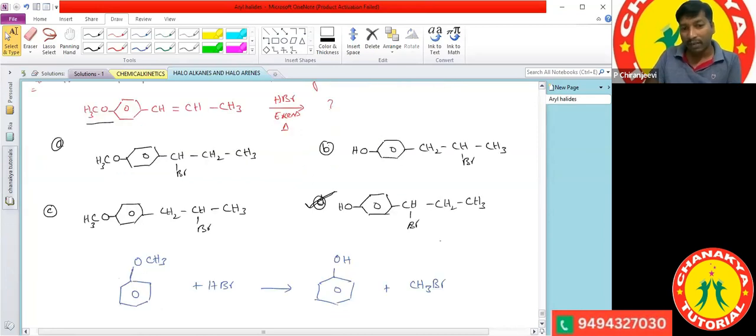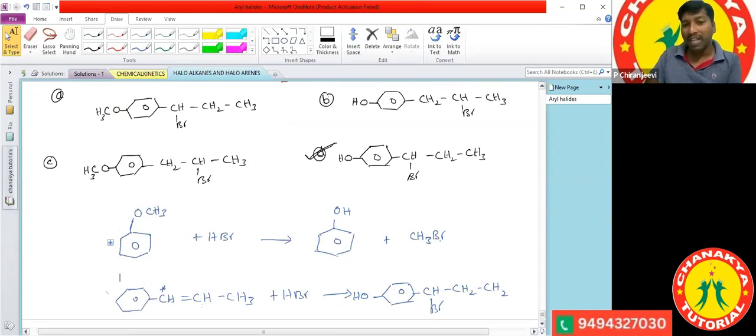What I explained here: when ethers react with hydrogen bromide, here anisole reacts with hydrogen bromide, it forms phenol and alkyl bromide.